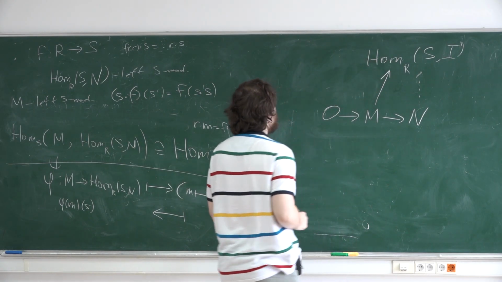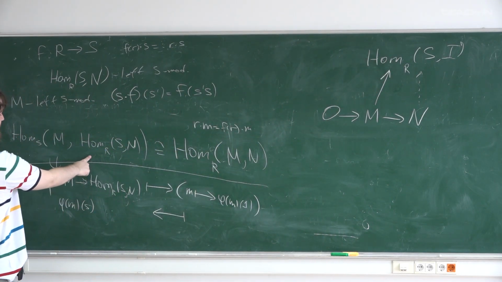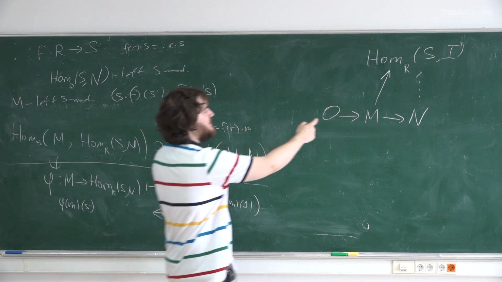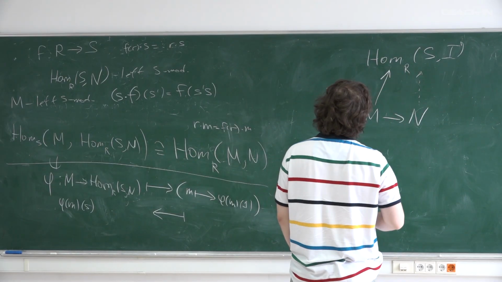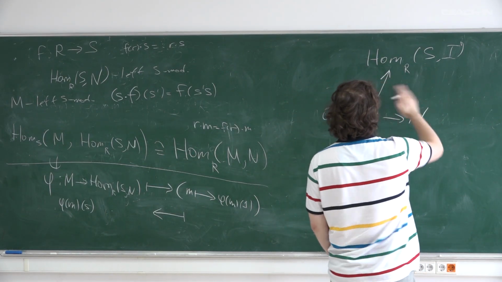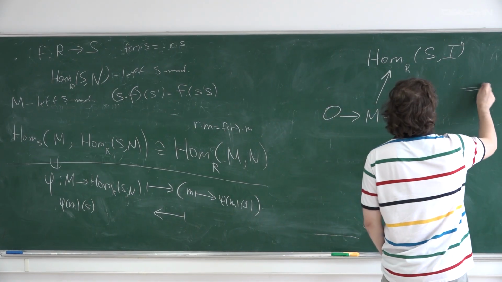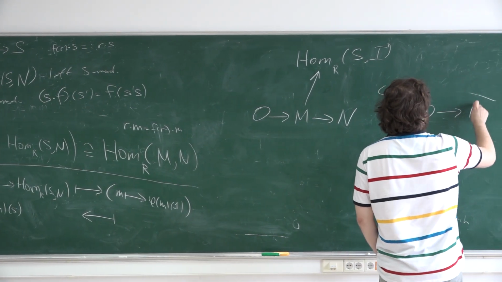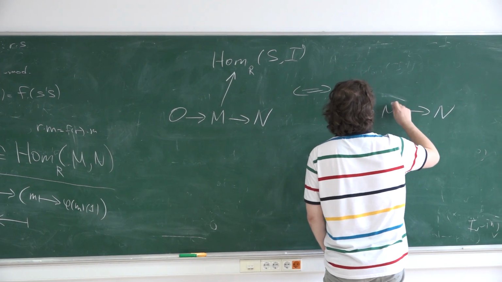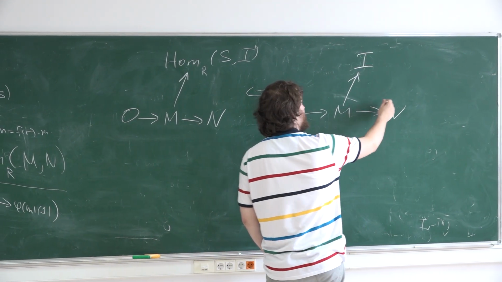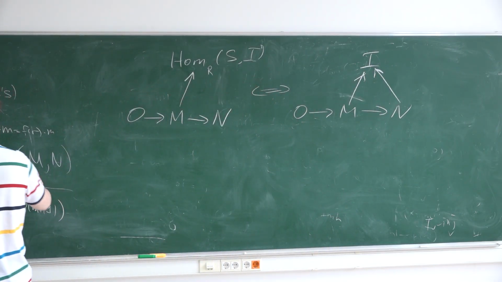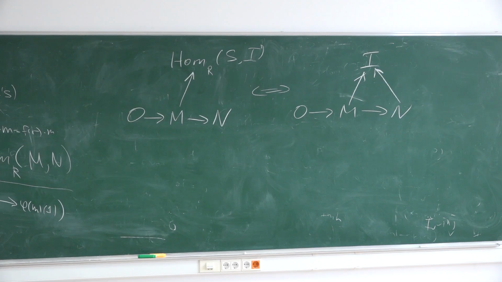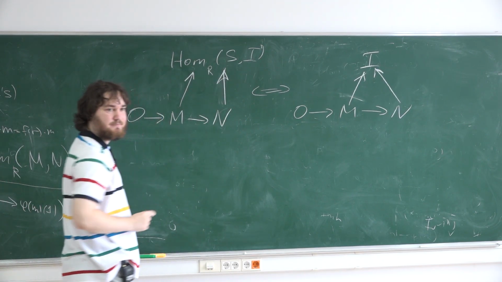This map is an element from here, so this homomorphism is the same thing as a homomorphism from M to I. So this diagram is equivalent to saying that we have a diagram of R modules and a map to I as an R module. But I know that I have an extension here. And again, an extension here, a map from N to I, is the same thing as a map from N to Hom. So I obtain an extension here.